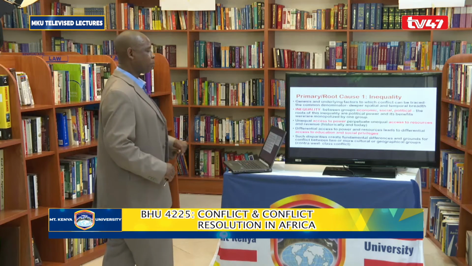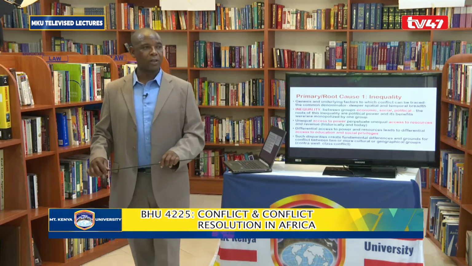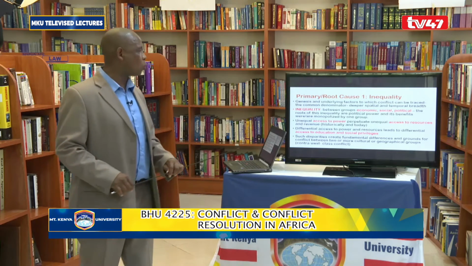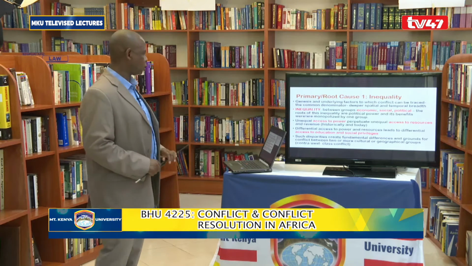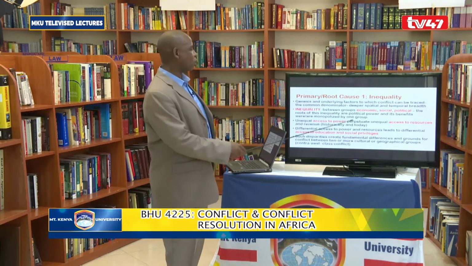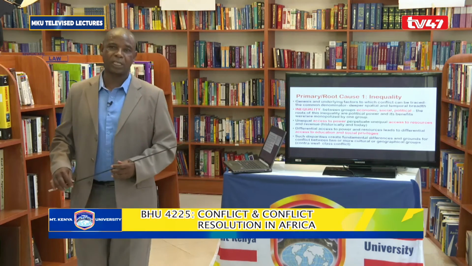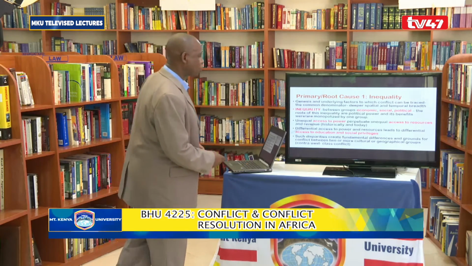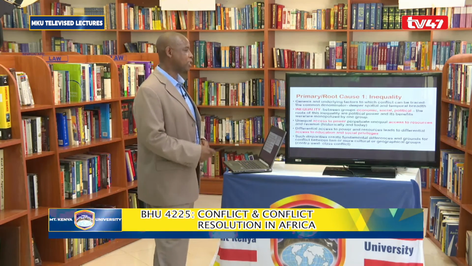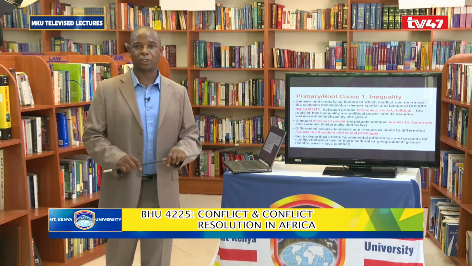When you monopolize power and you have unequal access to power, you also have unequal access to resources. People in power will have unequal access to resources. When you have unequal access to resources, you also have unequal access to the revenues that are associated with those resources. Differential access to power and resources leads also to differential access to education and social privileges.